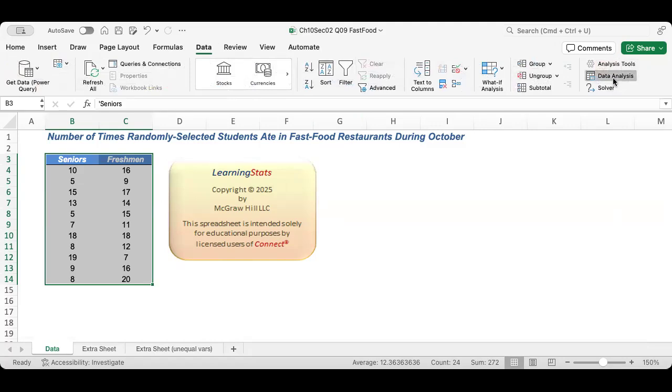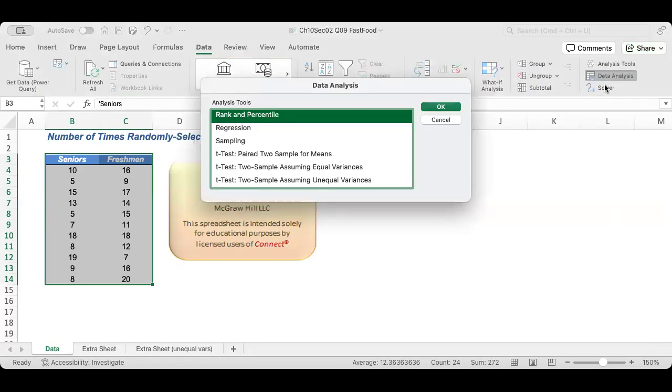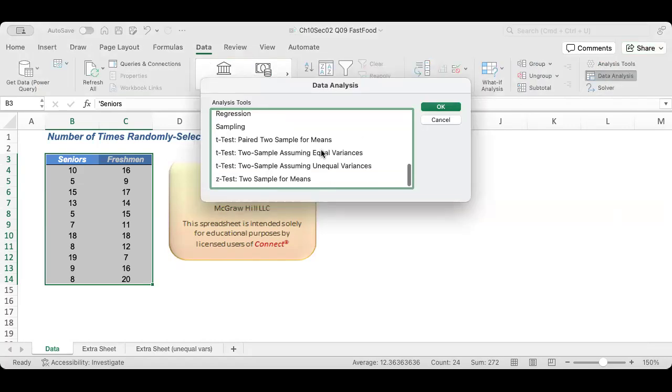And under Data Analysis, I'm going to do a t-test because I have small groups, right? I only have 11 in each group. And I said, assuming equal variance, it was in the problem that way. I'm going to click on that middle one, says 2 samples, assuming equal variance.